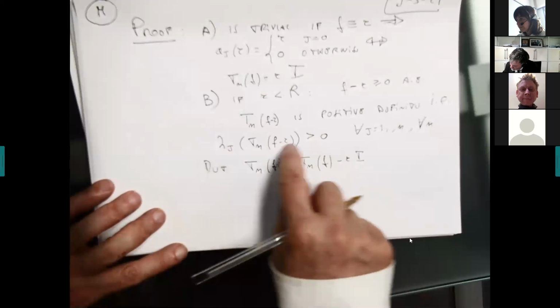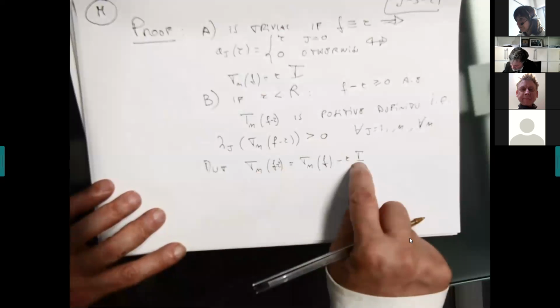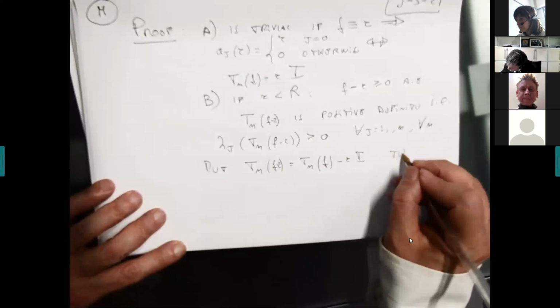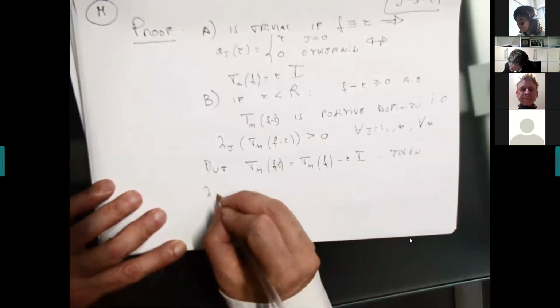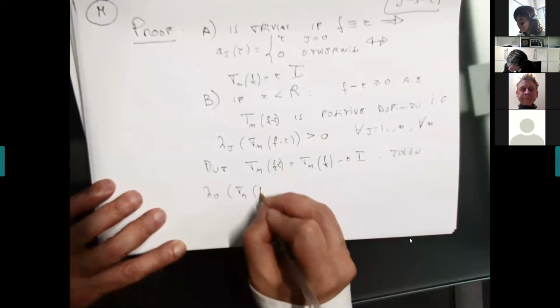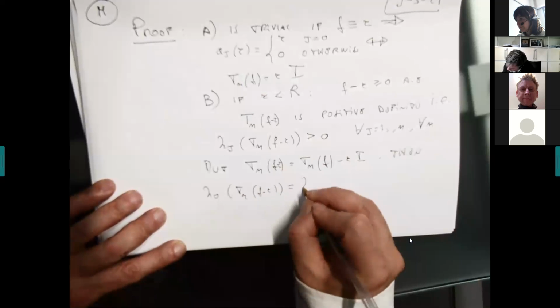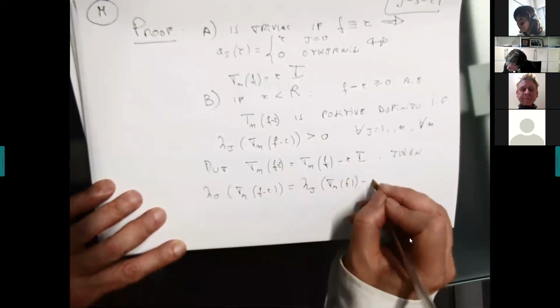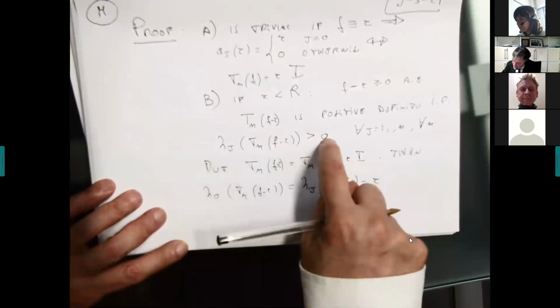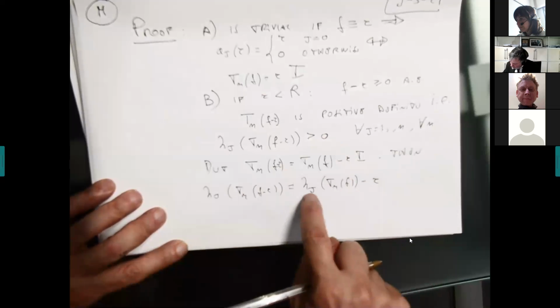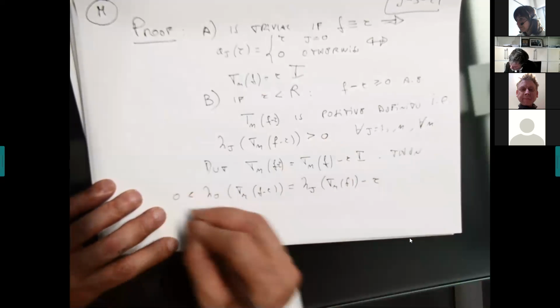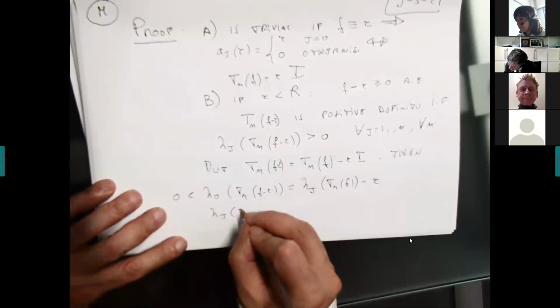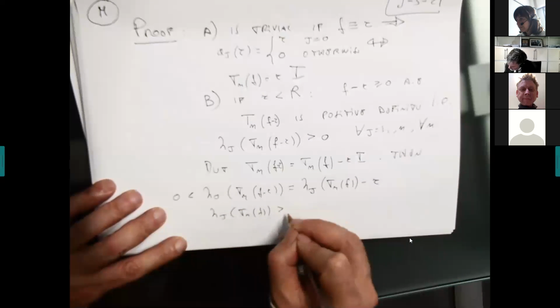And if this is the expression, then lambda j of Tn of f minus r are equal to lambda j of Tn of f minus r. So if these eigenvalues are positive, it means that lambda j of Tn of f is larger than r.